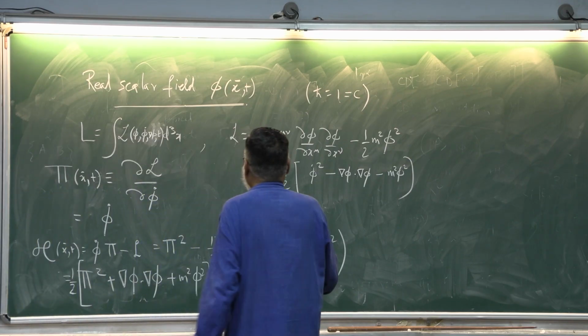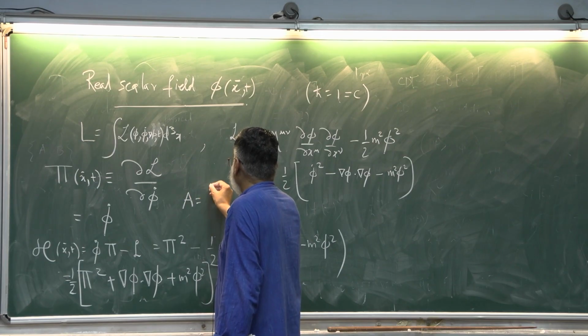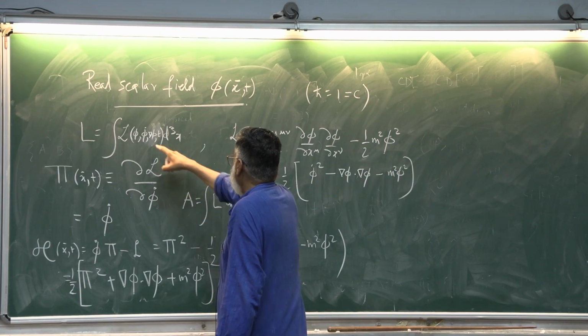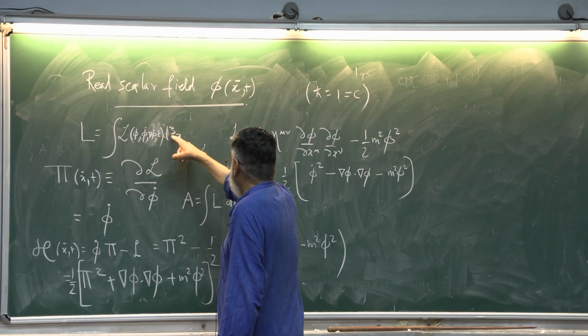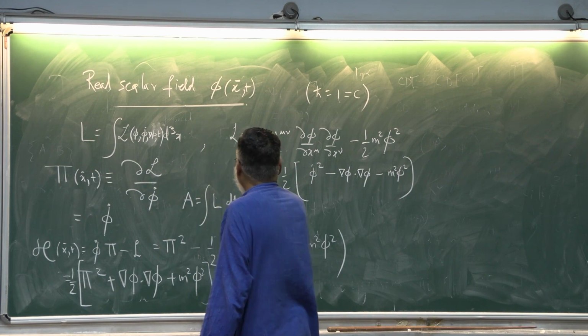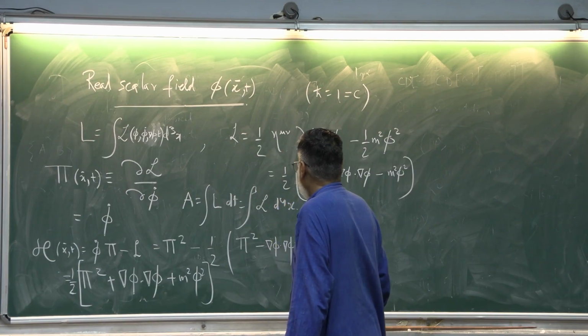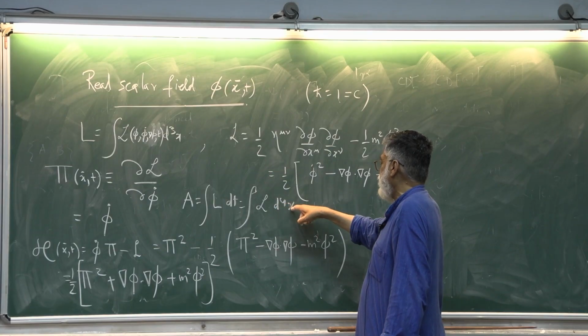Similarly, in relativistic field theory, I am not going to prove it, but it's obvious. All you have to do is take the action. Action by definition is the integral of the Lagrangian, which is the integral of the Lagrangian density over a three-dimensional volume and time, so it can be written as the integral of the Lagrangian density d4x. d4x is both the spatial volume d cube x and dt.